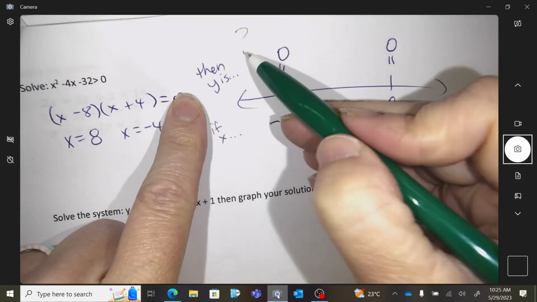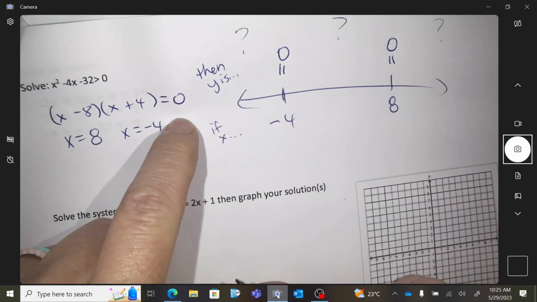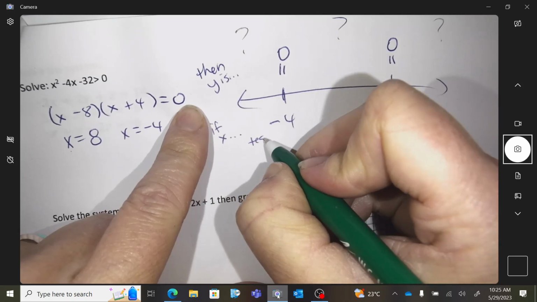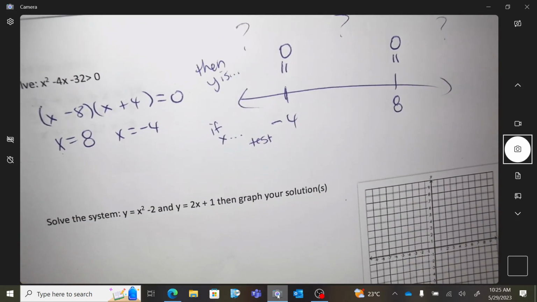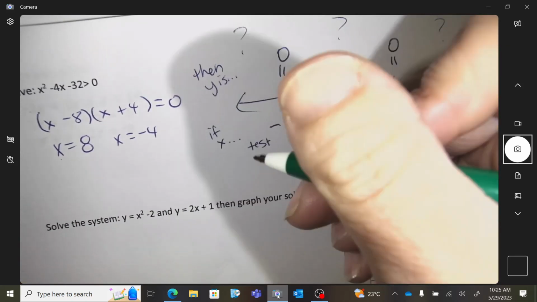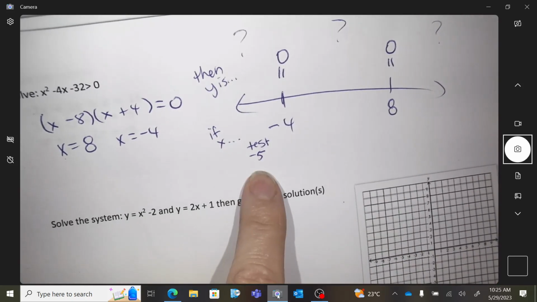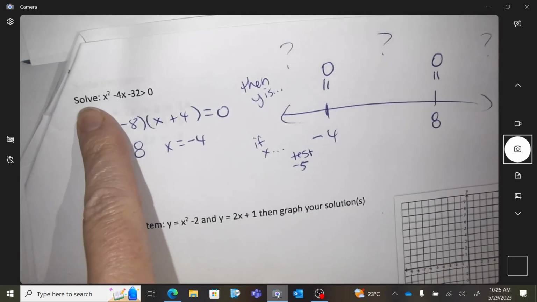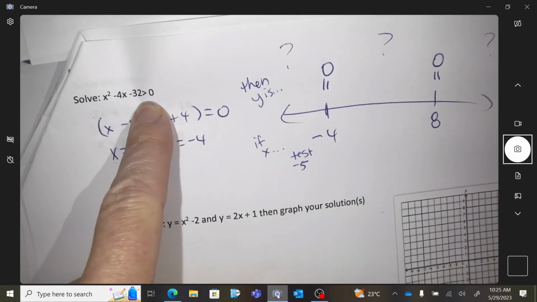Okay, now I want to know in these zones, what's happening in the zones. So let's do a test. What x number could we try there for a test? -5. Again, you could plug -5 into your original and see what it comes out to be.